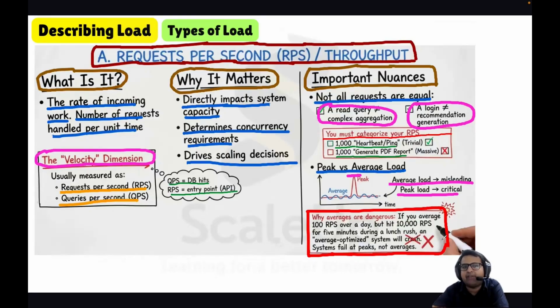If we design our system looking at the average requests per second, it might end up crashing, because we have to consider the peak requests per second. That is even more critical. So that's the idea of requests per second, or the throughput.